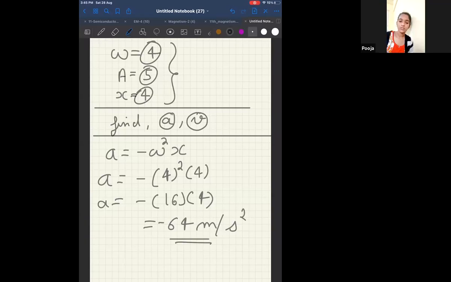So find out maximum acceleration, find out maximum velocity, and find out time period. In the same question, can you find out maximum acceleration, maximum velocity, and time period? So we will try. Yes, try. Find A max, V max, and time.